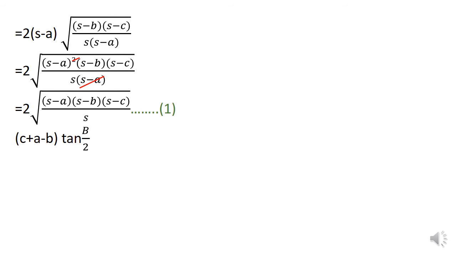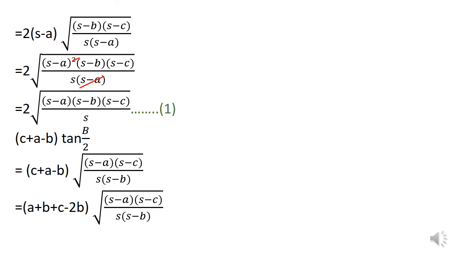Then going about in the same way, we take (c plus a minus b) tan B by 2, which is the second term in the question, and we do the same thing, that is, substitute the value of tan B by 2, and outside in the bracket we get a plus b plus c minus 2b by adding and subtracting b.